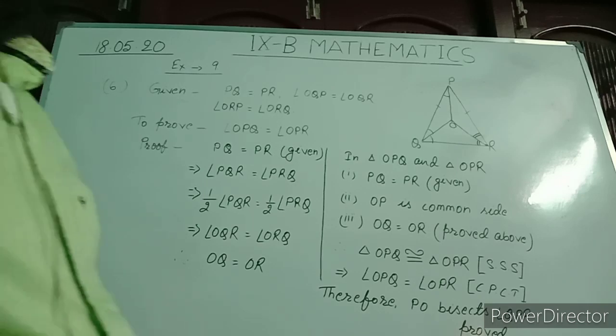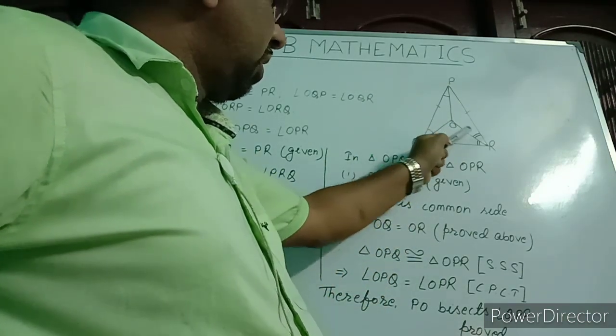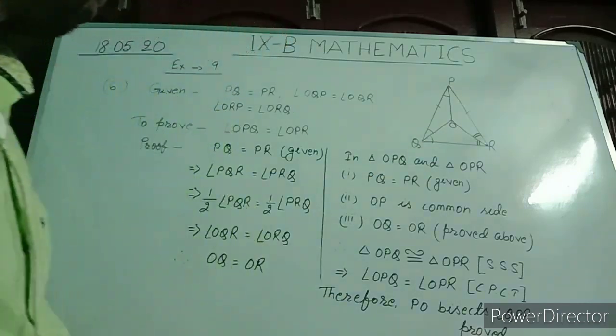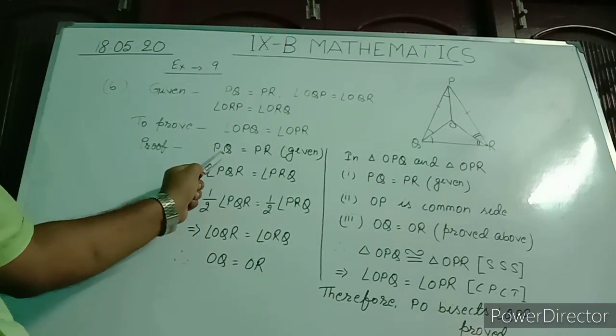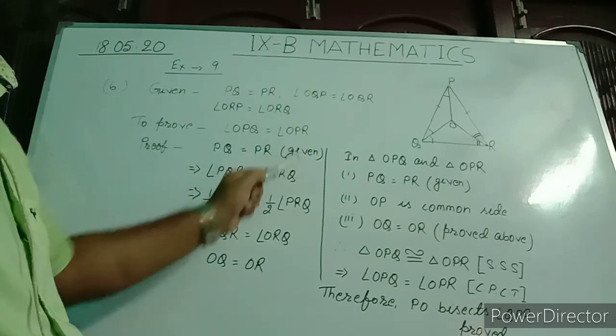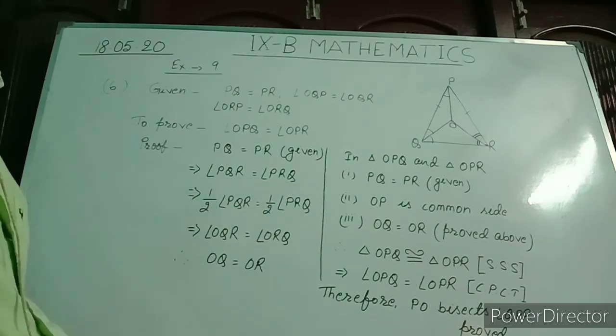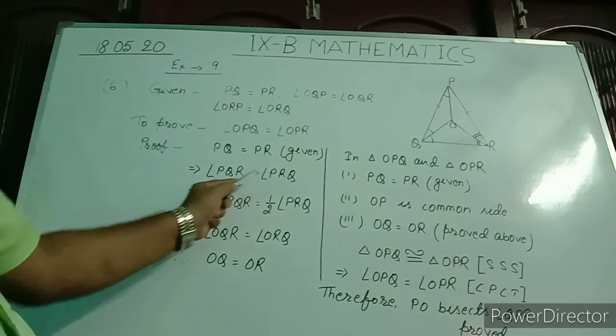First of all, we will show these two sides are equal, OQ and OR. For that I have written here, since PQ equals PR, that is given in the question, therefore angle PQR equals angle PRQ from isosceles property. We divide both sides by 2.